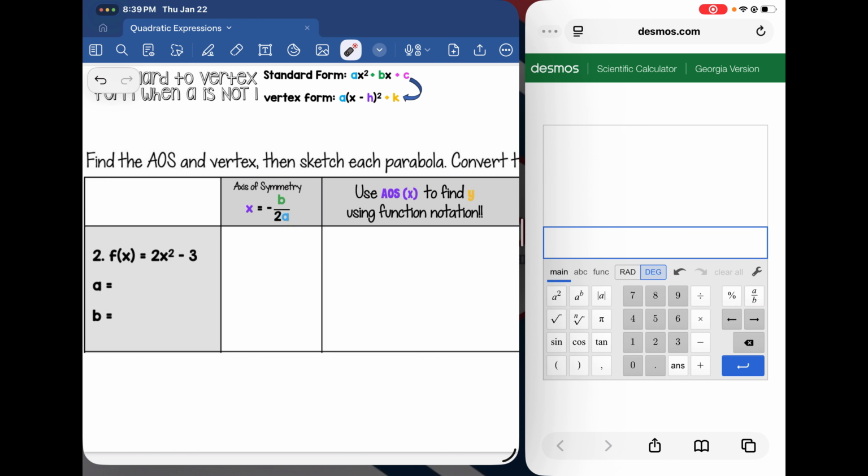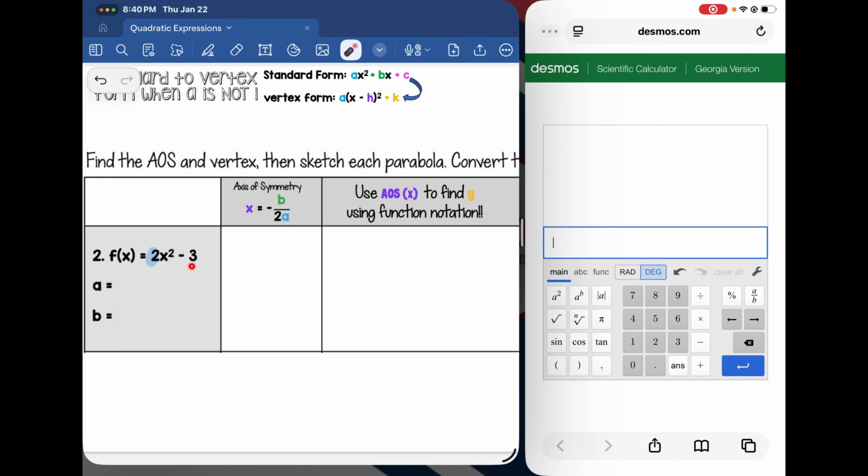So this is written in standard form, AX squared plus BX plus C. What is my A value, aka the number in front of X squared? Positive 2. Well, what is my B value? AKA the number written in front of the X term.